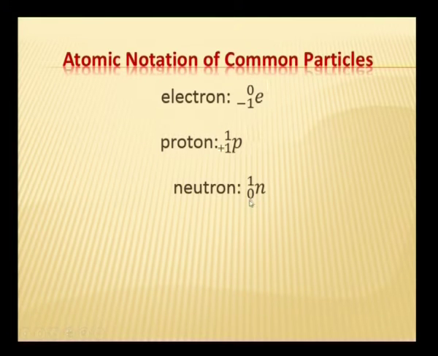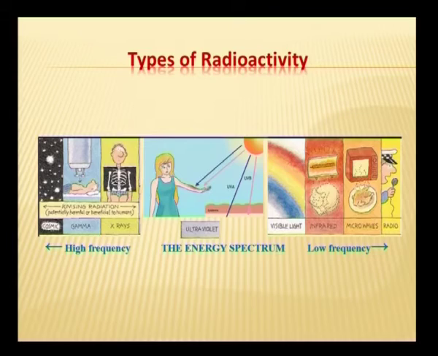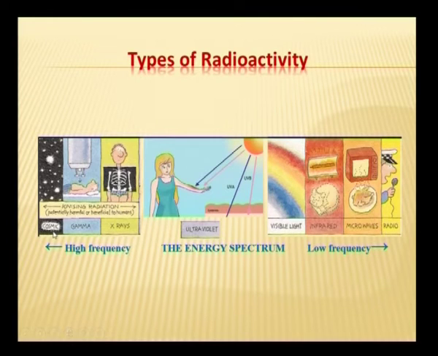The types of radioactivity: you should know that the entire electromagnetic spectrum consists of X-rays, gamma rays, microwaves, and finally radio waves and so on. You start from the high frequency, the cosmic radiation, gamma radiation, X-rays, then ultraviolet, which leads to sunburn.